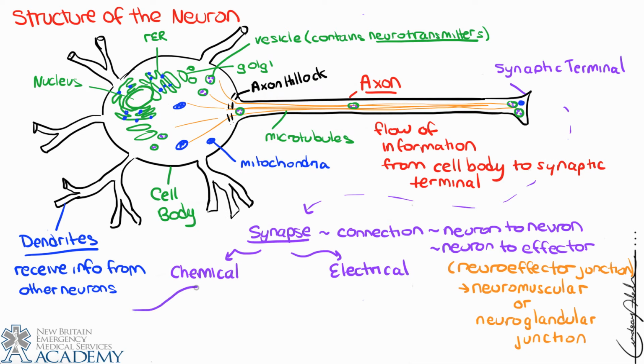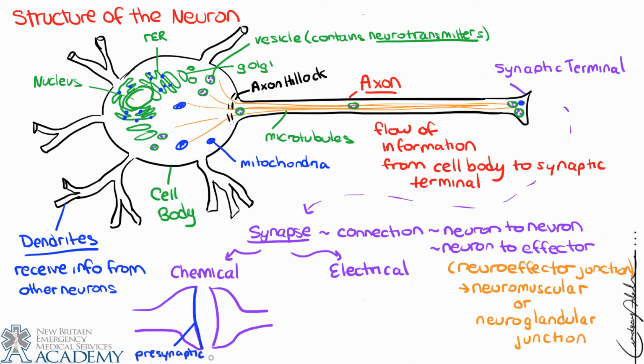There are two general types of synapses that we could find. They are chemical and electrical. We're going to draw them both and take a look. In the chemical synapse, we have what looks like two neurons that are communicating. The first part is the axon, and in the axon we have the presynaptic membrane.